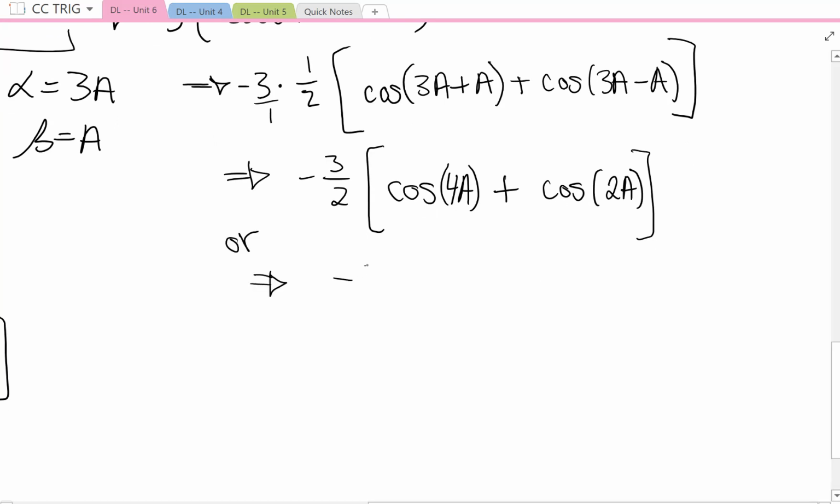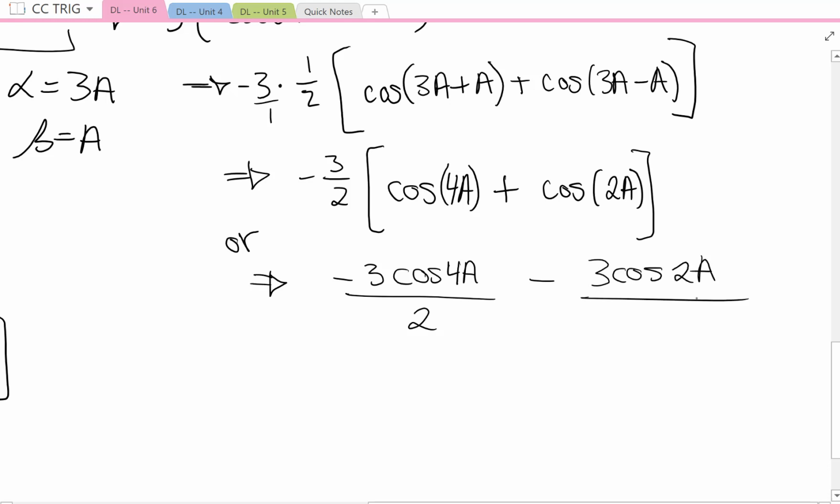So you would have -3 times cosine 4a over 2 plus, I guess it's -3, so minus 3 cosine 2a over 2, right? You could imagine these are over 1.